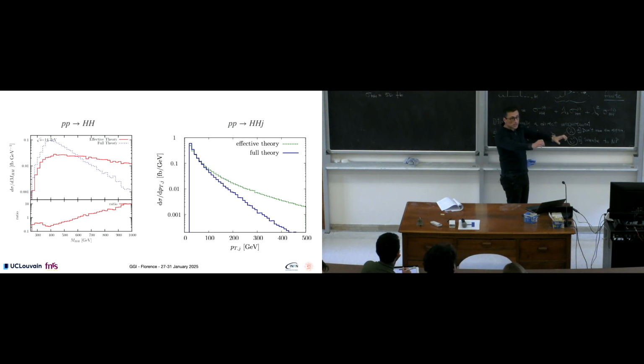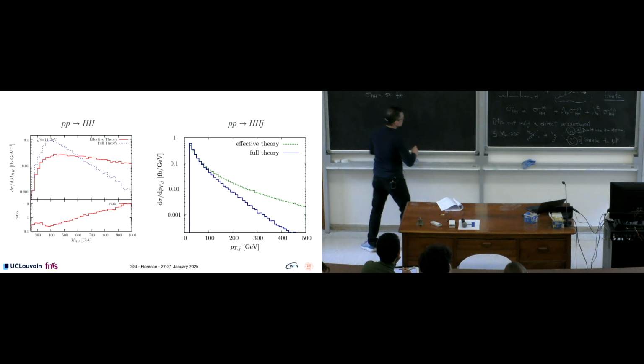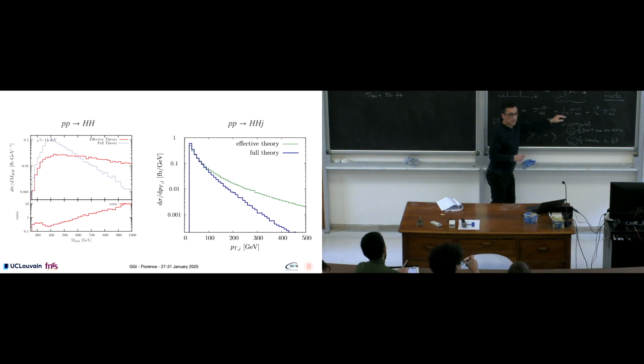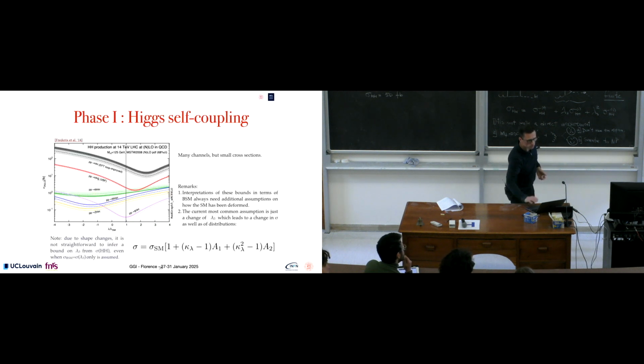We want to extract lambda from it, right? So I measure sigma here experimentally. Now it's a quadratic function of lambda. So I measure this, I calculate, and then I extract lambda.